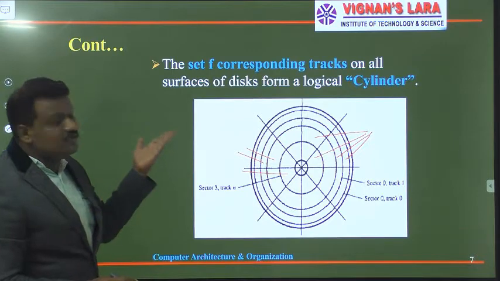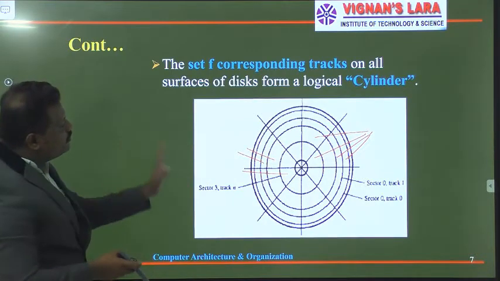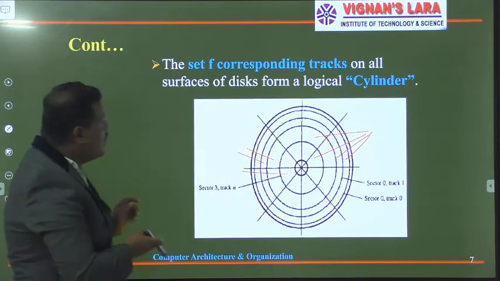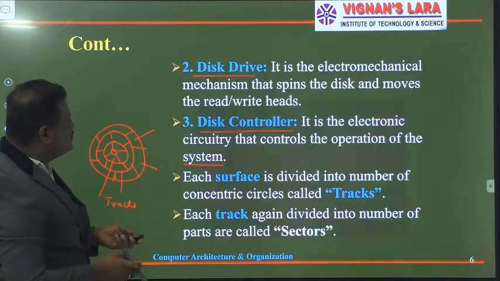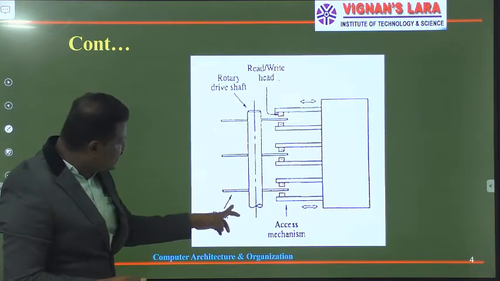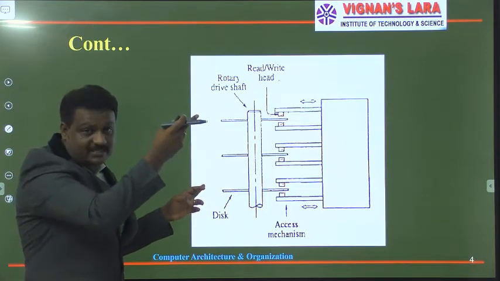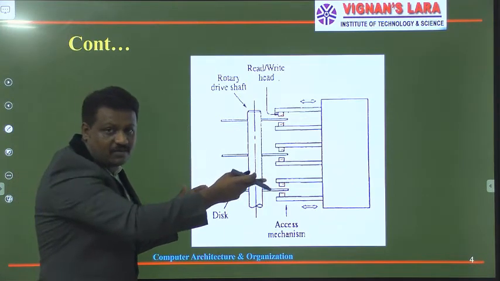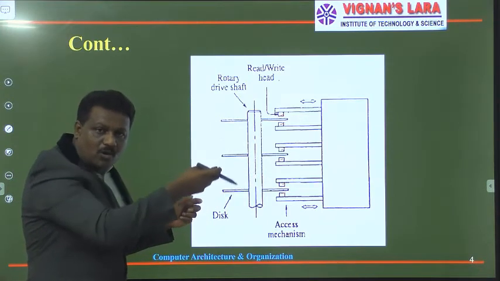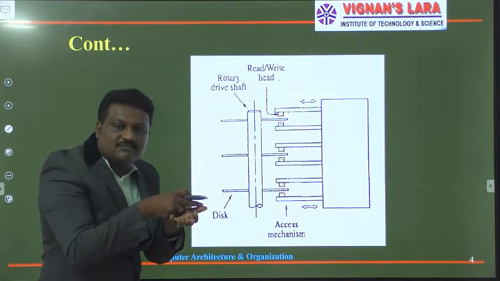And here one more term we are using, that is the logical cylinder. If you remember, I can go to the previous diagram. All these are my disks. In each disk the same type of structure exists, what we are seeing just now. In all the disks we have concentric circles, which we call tracks.